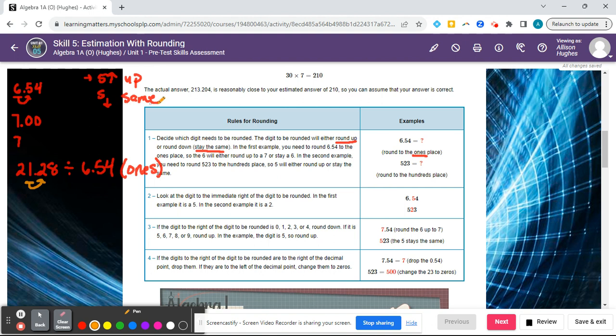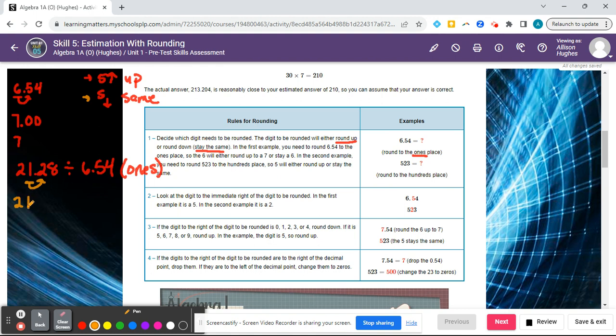Anything lower than 5, keep it the same. So 2 is lower than 5, so we are going to keep it the same. So we're going to keep that 1 the same. So again, anything before what you're rounding stays the same. That 1 ended up staying the same since we're not rounding up. 5 or higher, round up. Anything lower than 5, keep it the same.